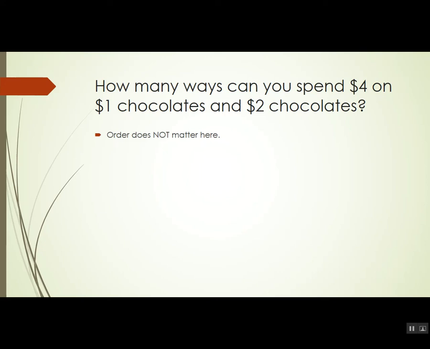Now let's go into a different problem, and it's easier, but it makes a point that I want to make. How many ways can you spend $4 on $1 chocolates and $2 chocolates? And the order doesn't matter here. So you're just buying some chocolates that cost either $1 for small ones or $2 for larger ones, and you've got a total of $4. And this is pretty easy, and you wouldn't need to use a tree diagram on this version of the problem, but if I ask you for $14, it might be a little more challenging.